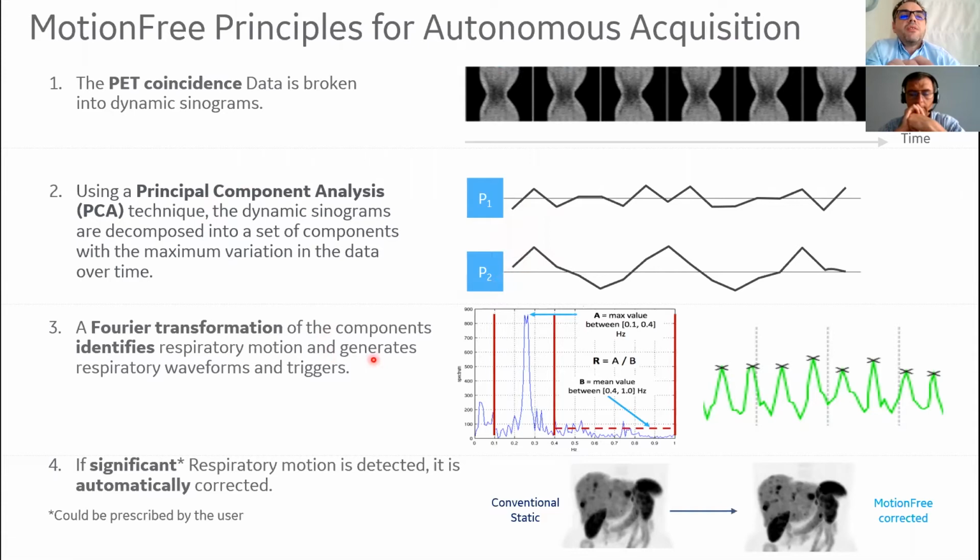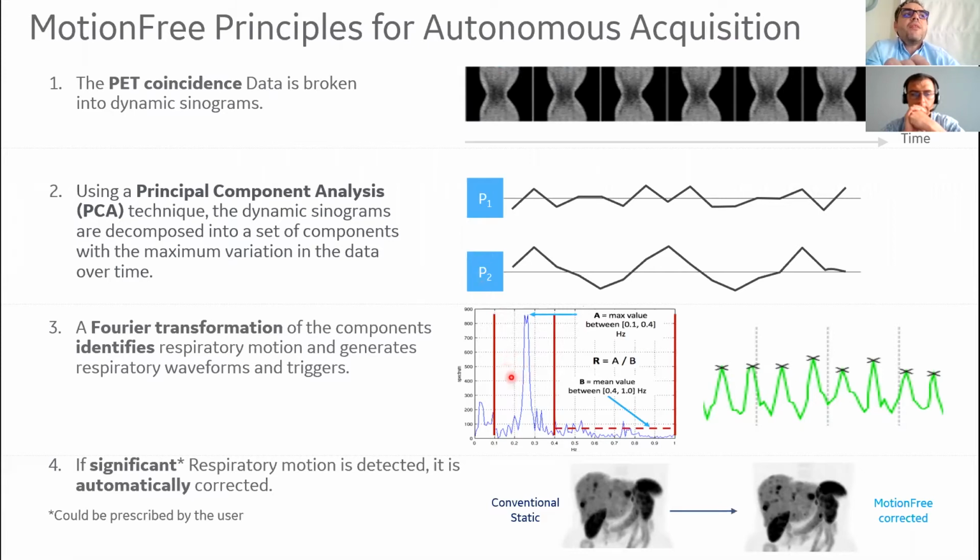In a third step, we apply the mathematical process of the Fourier transform. With the Fourier transform, we aim to convert these P1, P2 signals to the frequency domain.